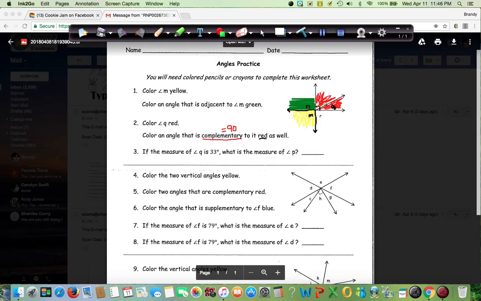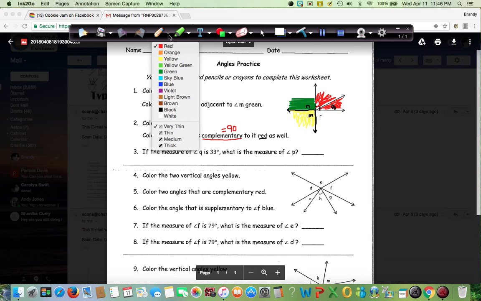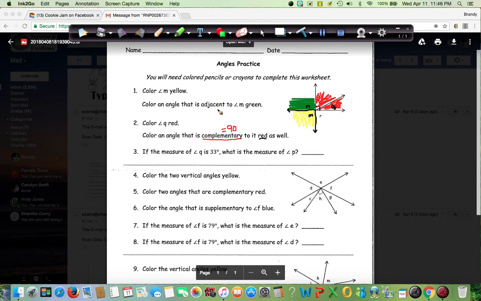I know my drawing's getting a little sloppy. I'm trying to do this a little bit faster. So this is angle P. Okay? And finally, the last question says, if the measure of angle Q is 33 degrees, what is the measure of angle P? Well, we've already decided that these two guys are complementary, so we know that together they equal 90.